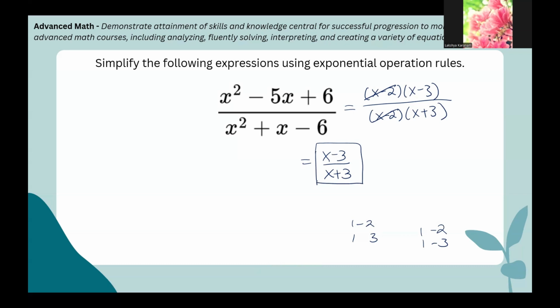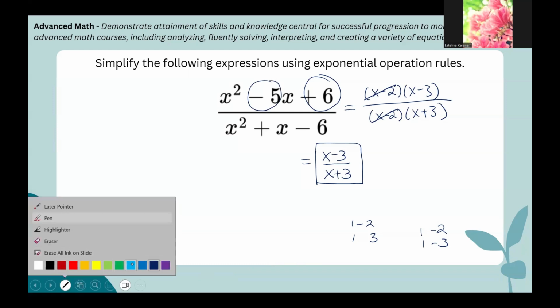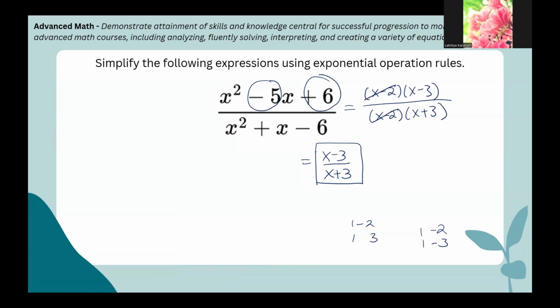Okay, so again, if you are new to factoring, the idea here is that you want to find numbers that multiply together to get c and can be cross-added and multiplied to get b. So in this case, in the numerator here, I identified two numbers, negative 2 times negative 3, which multiply to get positive 6.